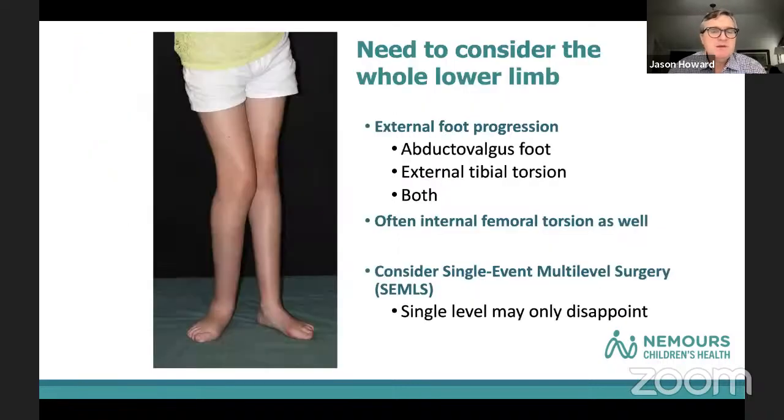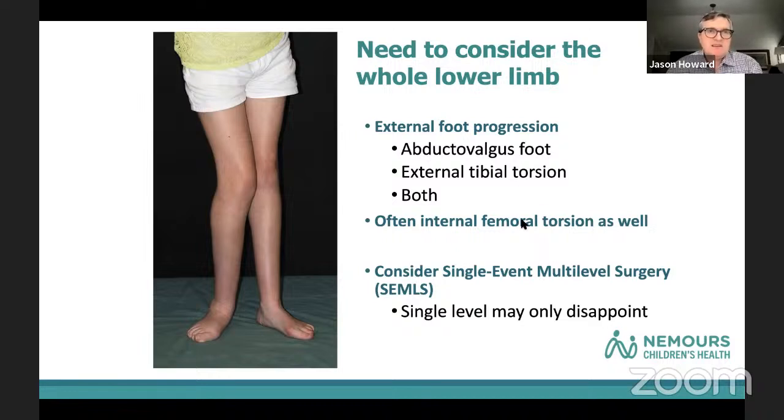Finally, I just want to make a plea to not just look at the foot, but look at the whole lower limb. If you have an external foot progression, that can be caused by abductovalgus or planovalgus foot, but it can also be caused by an underlying external tibial torsion, or it could be both. And associated with that, you may often have internal femoral torsion as well, which gets unmasked after you fix the foot deformity.